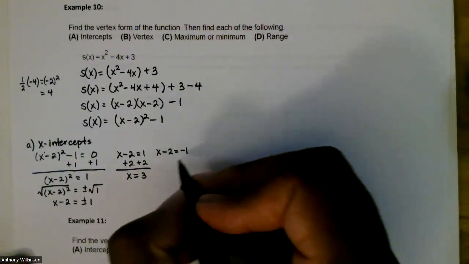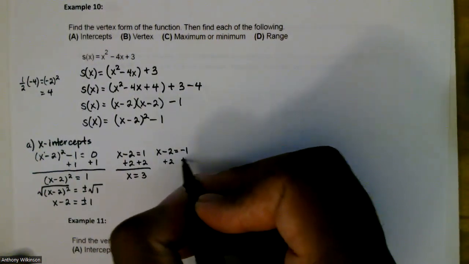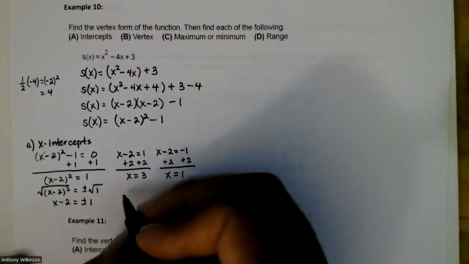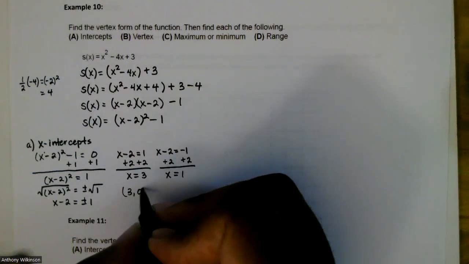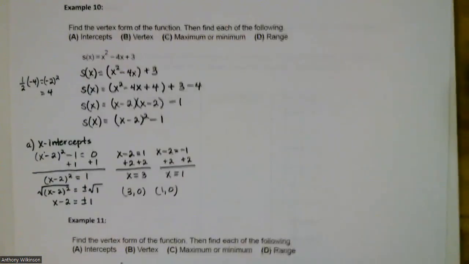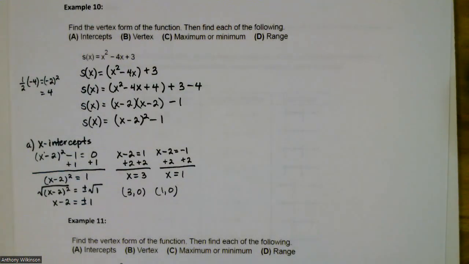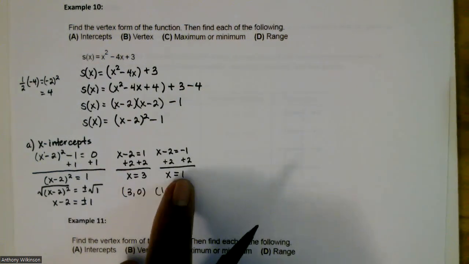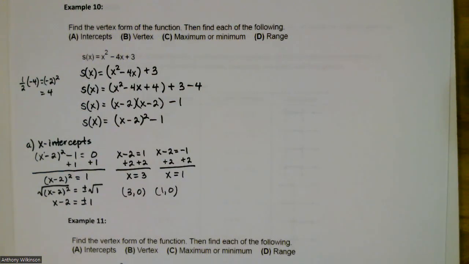And then for the x minus 2 is equal to negative 1, if I add 2, I would get x is equal to 1. So these are my x-intercepts here. Actually, x equals 3 and x equals 1. So then you might have to enter 3, 1 for your x-intercepts.